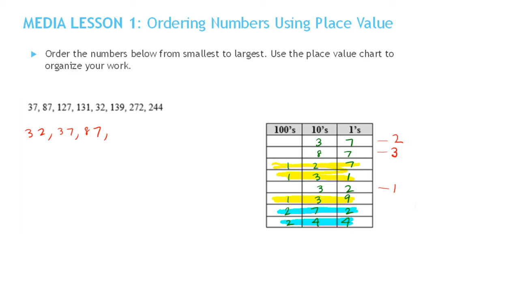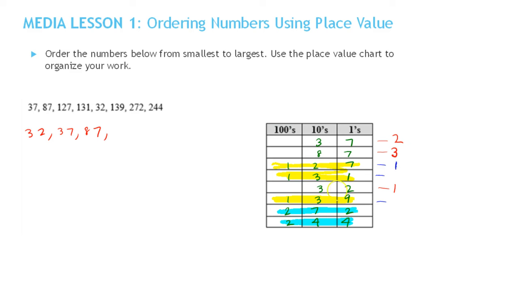Now, let me change colors. Let's look at the ones that are in the hundreds place. So we know that these are in the middle, but how are they ordered with respect to each other? So they all have ones in the hundreds place. When we get to the tens, we have a 2, a 3, and a 3. Well, the 2 is smaller than the 3s, so we know in terms of the hundreds, this will be our first one in the next subgrouping.